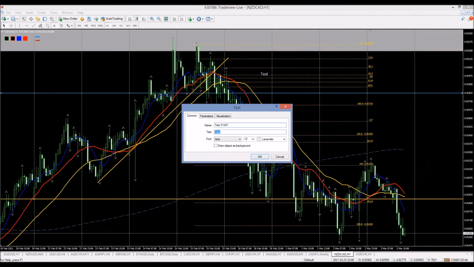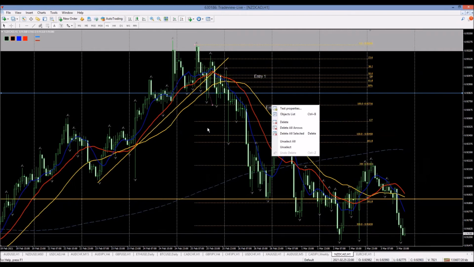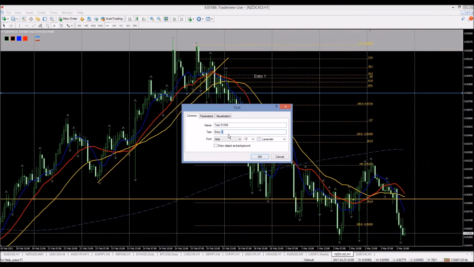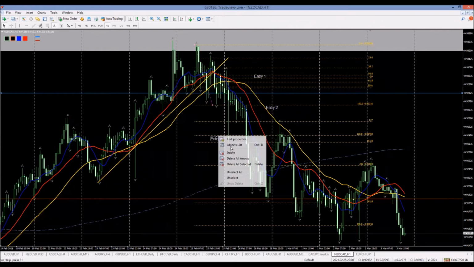Okay. That's your entry one. Entry two. You want to put a couple of positions on and take profit off along the way. Break of 100, entry three. Oh, no, I'm talking about take profit.